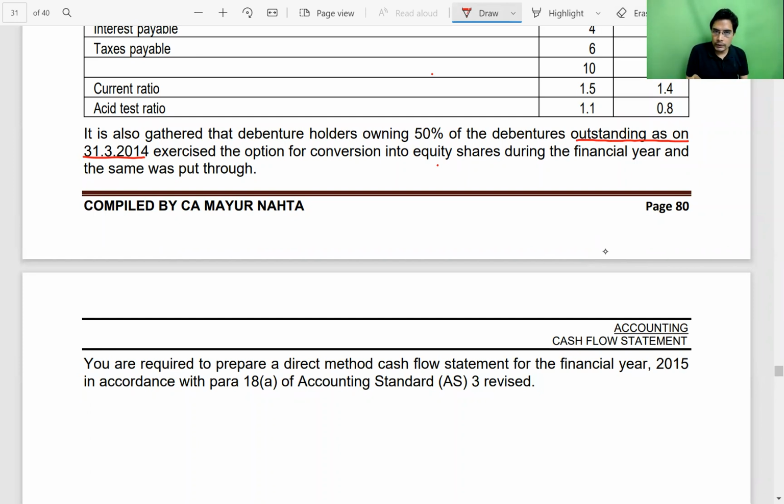On 31st March 2014, whatever amount of debentures are outstanding, in that 50% converted into equity shares during the year.